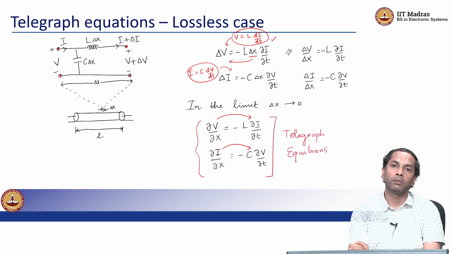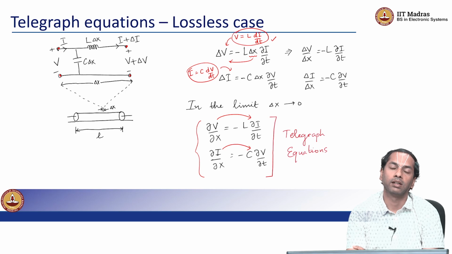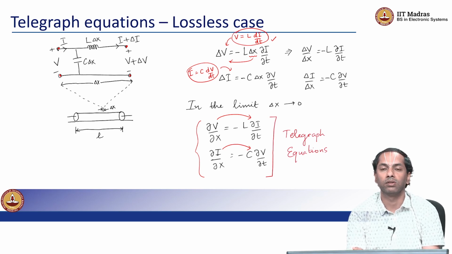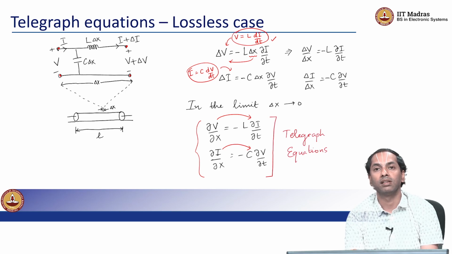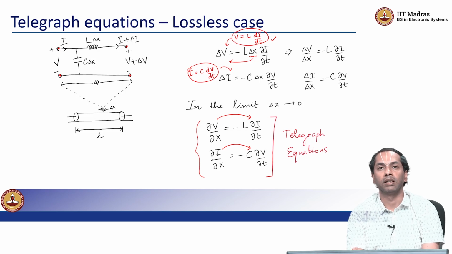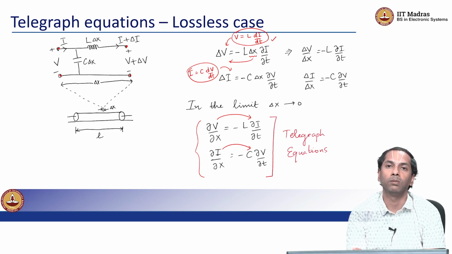Some of you at this point might be a bit concerned, saying that the way we have been modeling these transmission lines seems very ad hoc, right? So we tried to get some insights by looking at the geometry of these transmission lines, and we incorporated ideal elements. What is to say that there may be more elements than we have considered? Even though you've said that the fields are the ones that are truly controlling these voltages and currents, why have we not dealt with these transmission lines using fields, and rather seem to be stuck with these currents and voltages?